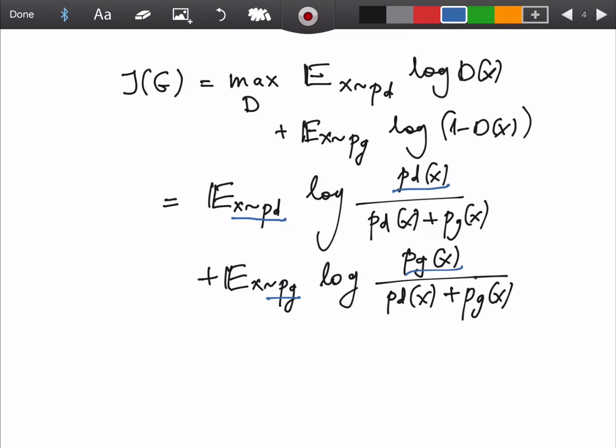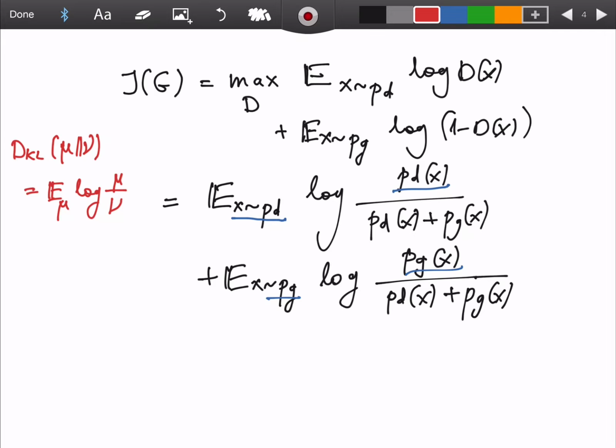Just a reminder, the Kullback-Leibler divergence between two distributions, let's call them mu and nu, was the expectation over mu of log of, let me be sloppy, what is called the Radon-Nikodym derivative of two measures, one with respect to the other. Let me write it in the form of densities here. If you want to be completely precise, it's d mu over d nu. So this was the Kullback-Leibler divergence.